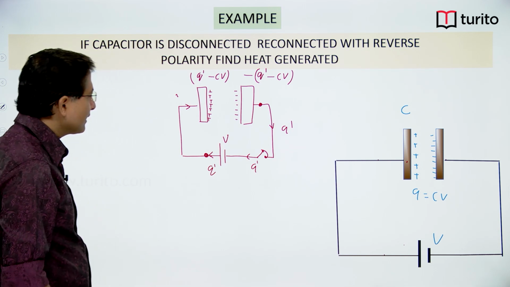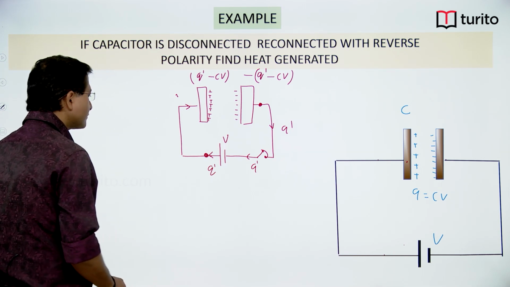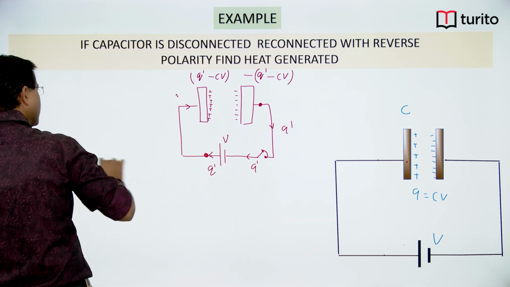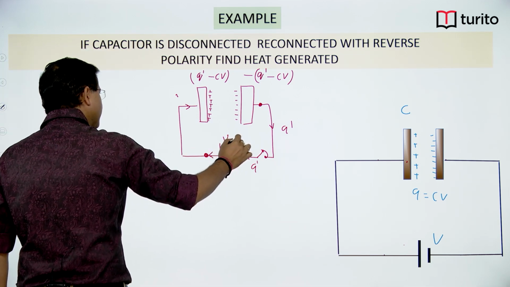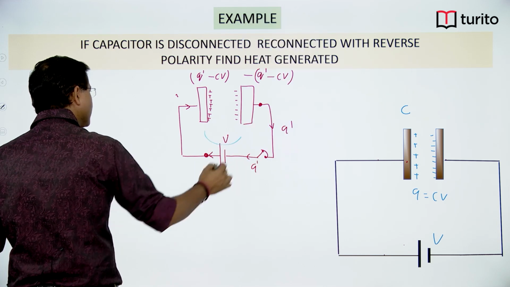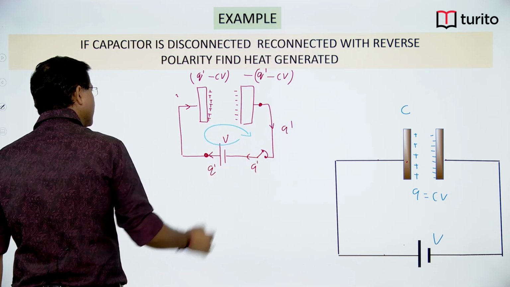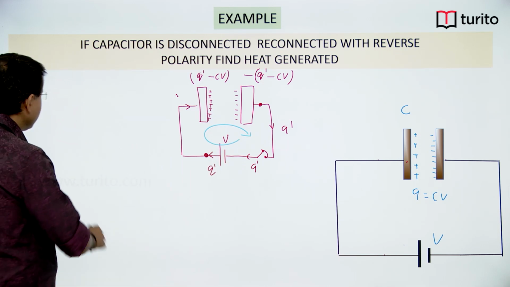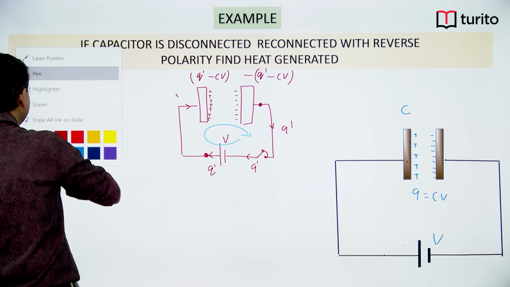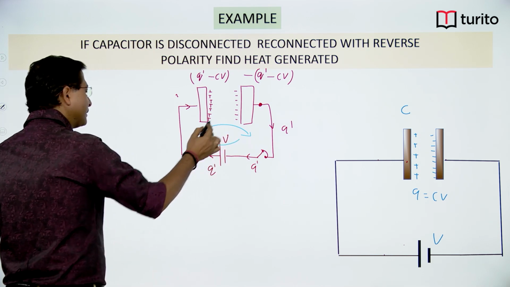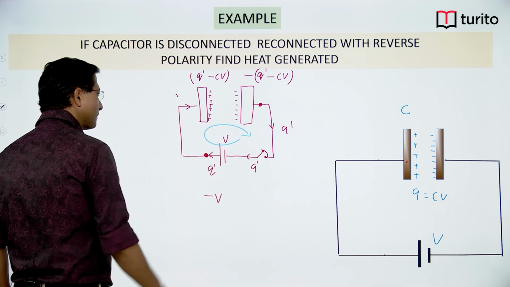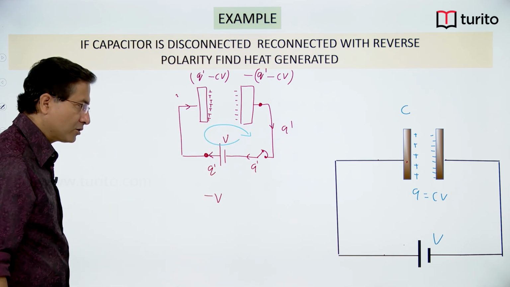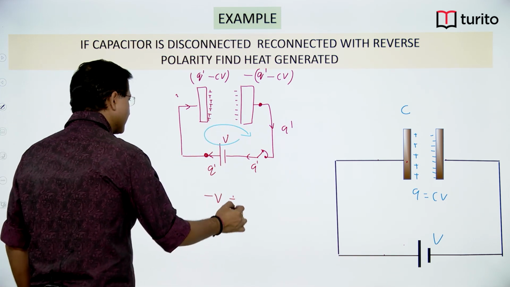So, from here I can write, see, if I apply Kirchhoff's law going this way, I will start from this point and again get back to the same point. I can see an increment in the potential, negative plate to positive plate, minus V. Then I can see a decrement, decrement is taken with positive sign, so I will write plus.